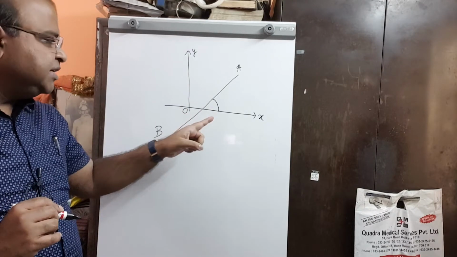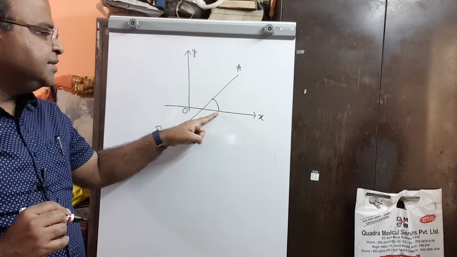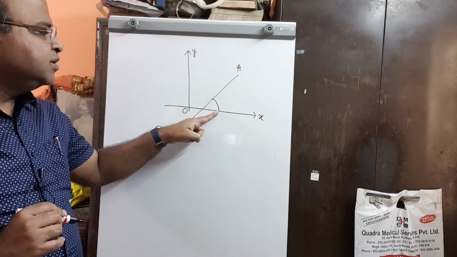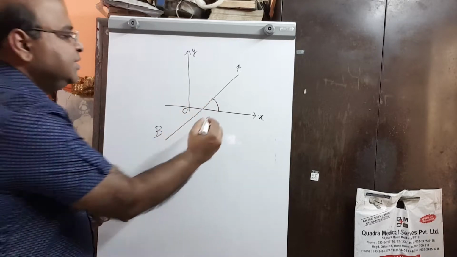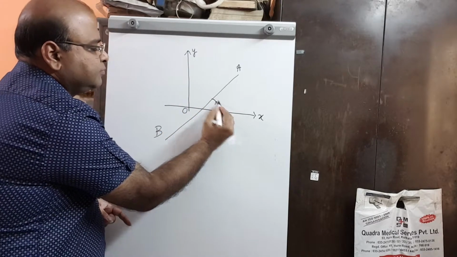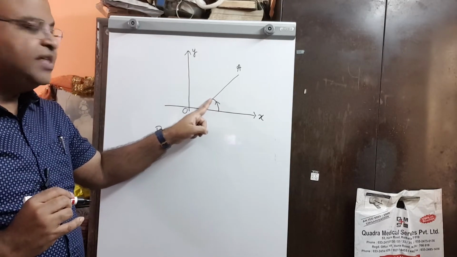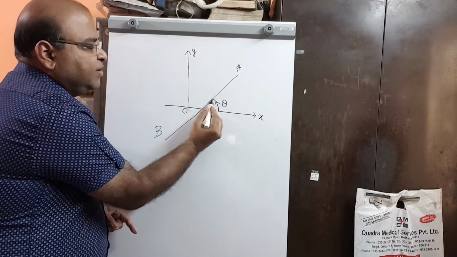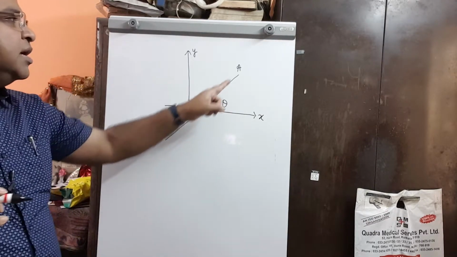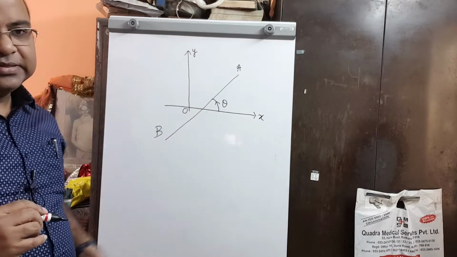Positive sense means anti-clockwise sense, that is, starting from the x-axis itself, if we move towards the line, the direction is anti-clockwise. So this is the positive direction of the angle. This angle measured in the anti-clockwise direction is considered to be the angle of inclination of the line AB with the x-axis.